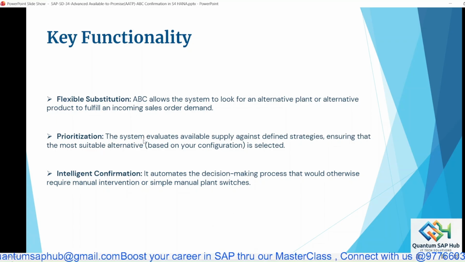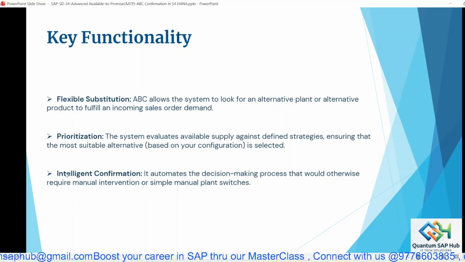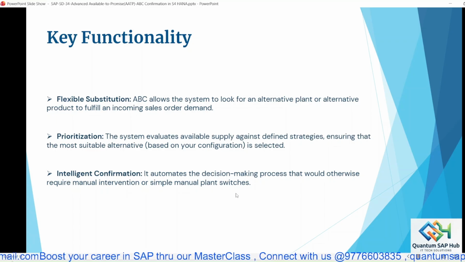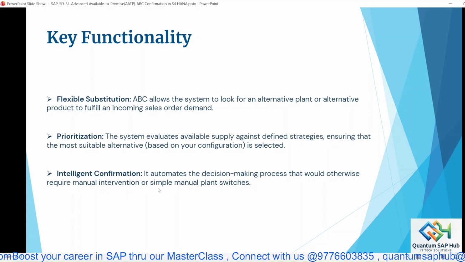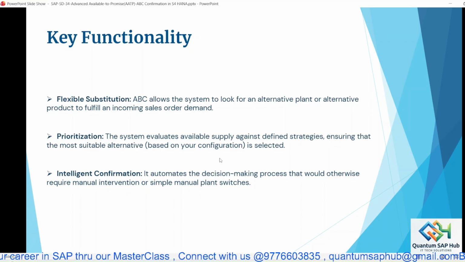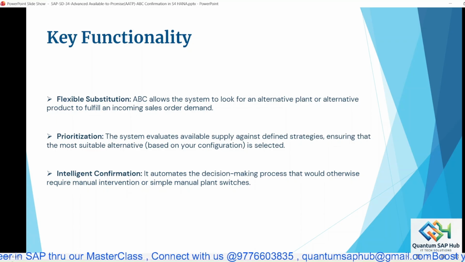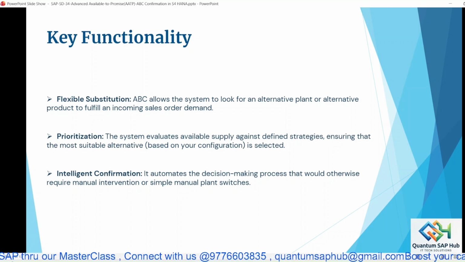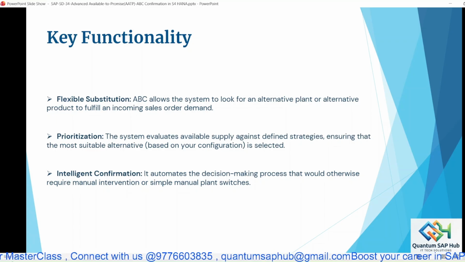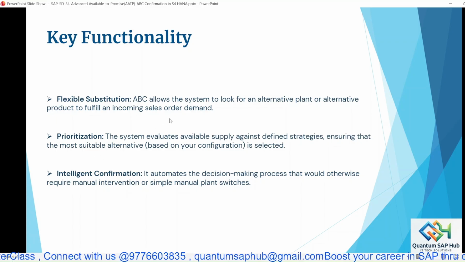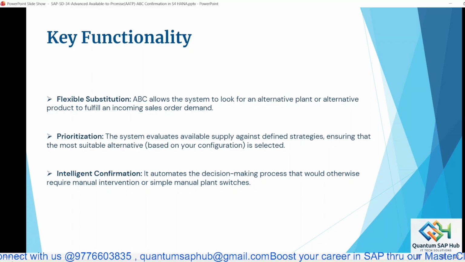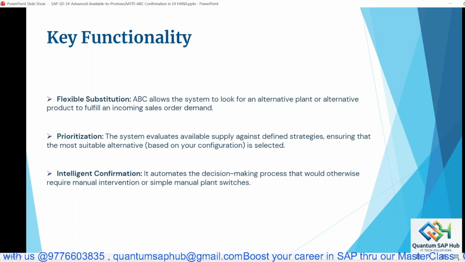Intelligent confirmation: it automates decision making that would otherwise require manual intervention or simple manual plant switches. Earlier you were making manual changes in the plant in the sales order, based upon your offline calculation, but here the system supports inbuilt logic for automatic calculation or decision.